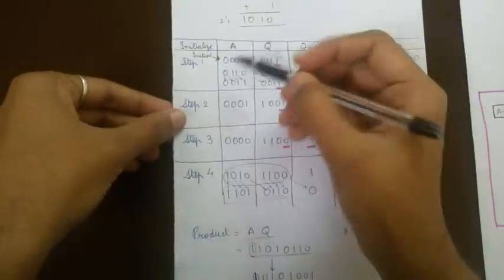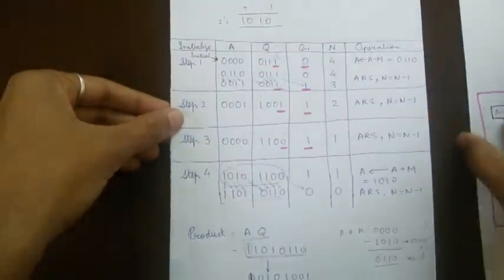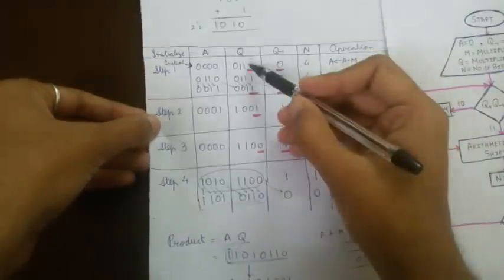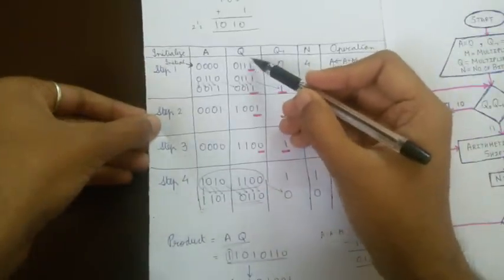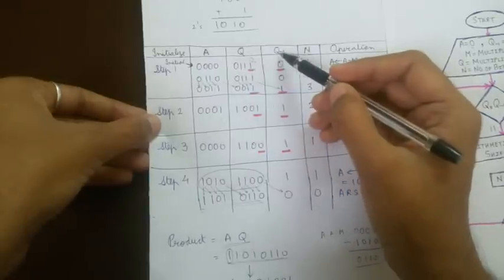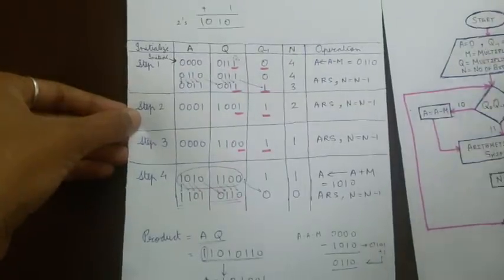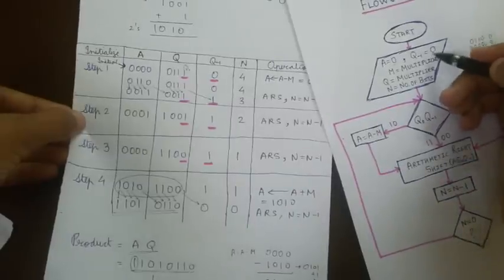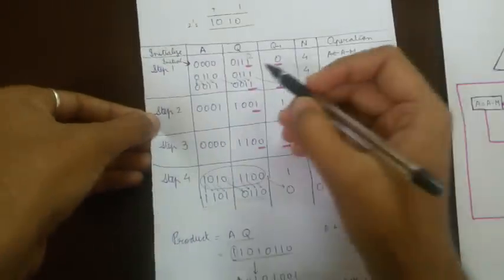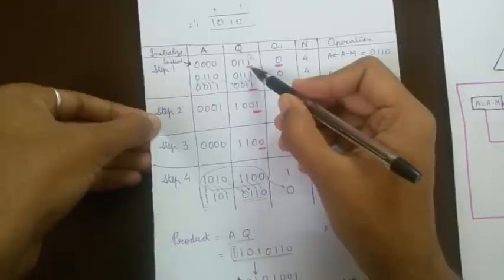Now this is step 1. The value in accumulator is initialized to 0 as per our flowchart, and the value of Q is the value of the multiplier, and here it is 7, so it is 0111, and the value of Q minus 1 is 0 as per our flowchart. Now here you can see that the value of Q0 and Q minus 1 is 1 and 0.